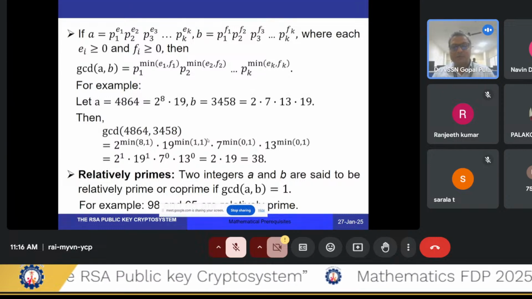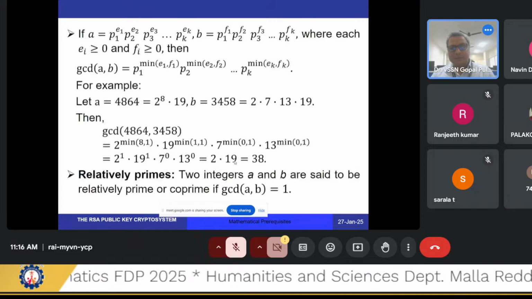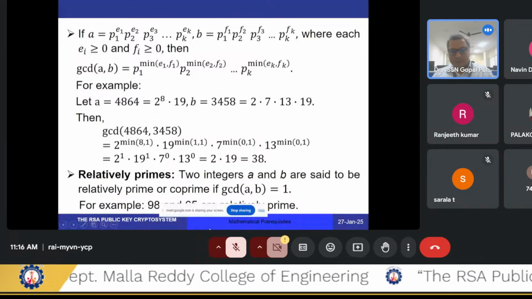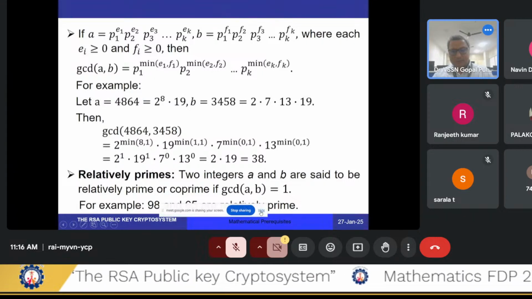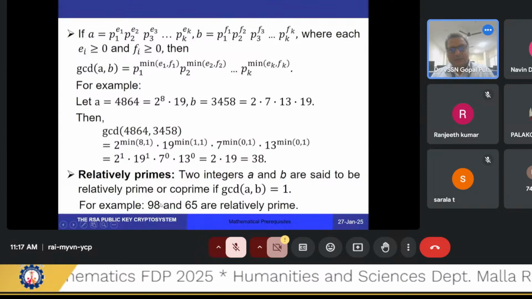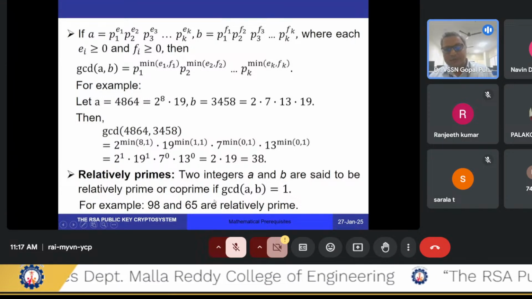I think as a simple example here, I considered the two numbers 98 and 65. One can observe clearly both are relative prime. Why?